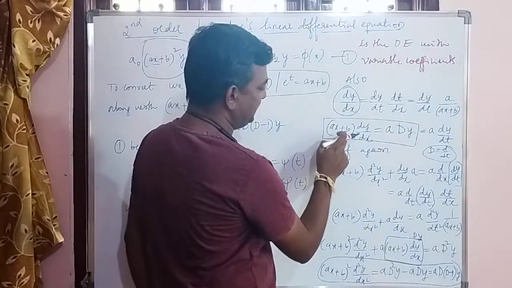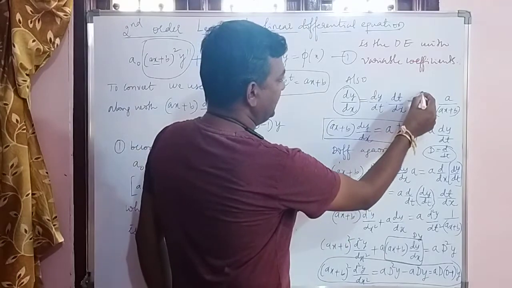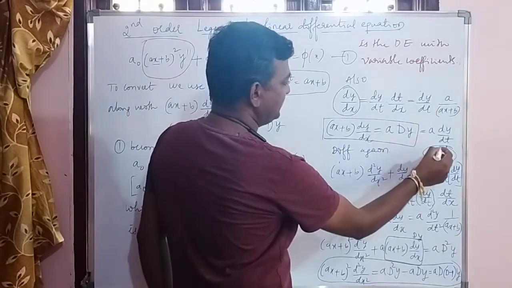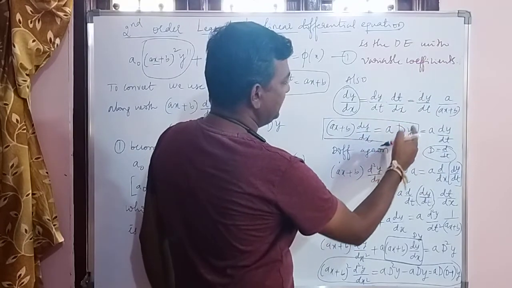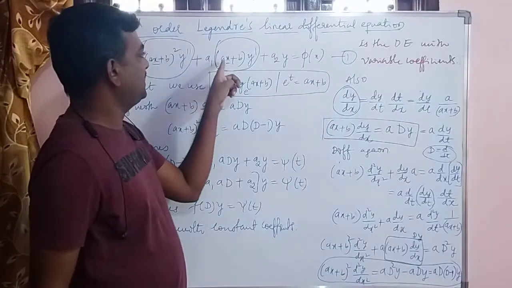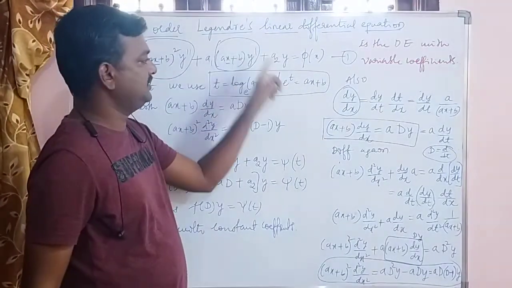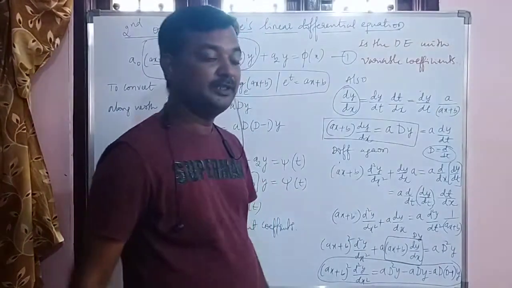You will get (ax+b) into dy by dx is equal to a dy by dt. Take d by dt as capital D, so this can be written as a D y. So (ax+b) y dash is a D y, where D represents d by dt.